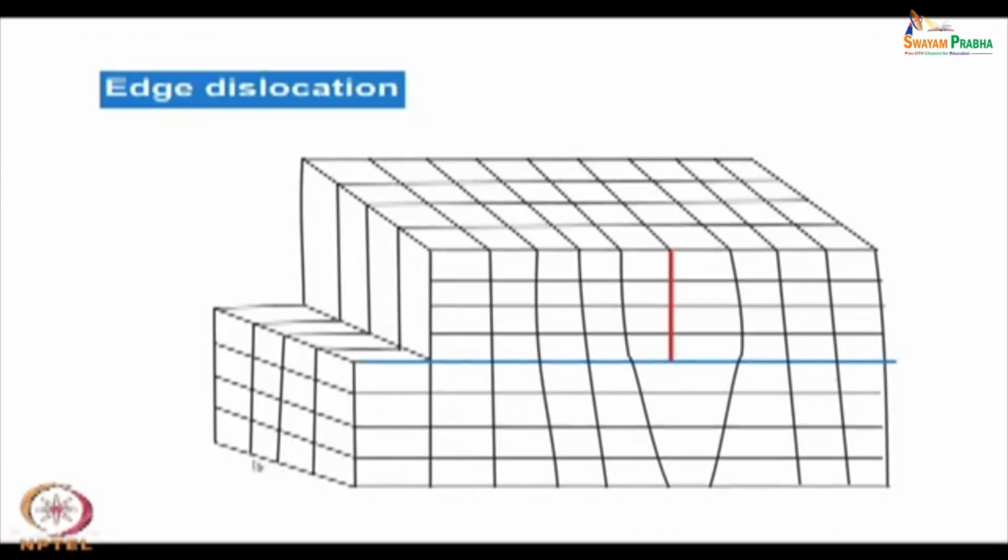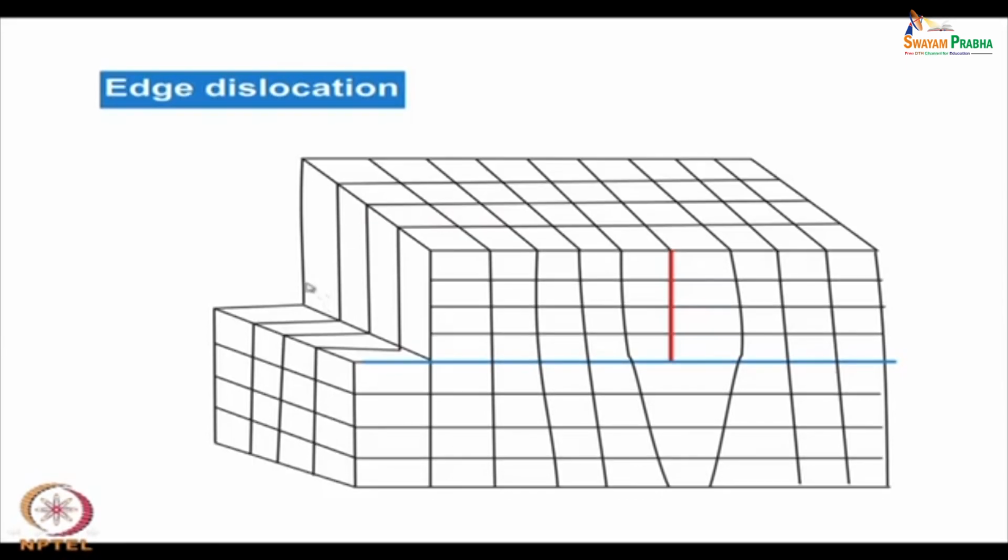Instead, if you assume a different configuration, for example, like this, you see at this stage is an intermediate situation where no step has been formed. All of them are still intact, the atomic positions have not changed here. It remains more or less the same. It might be experiencing some stress, but it has not moved away. Whereas on this side, the atom which was here to start with has moved one interatomic distance.